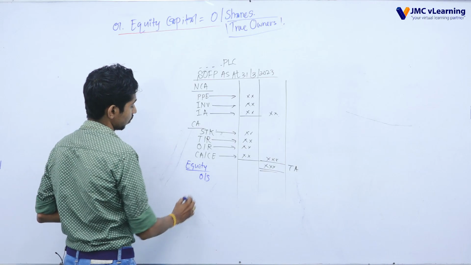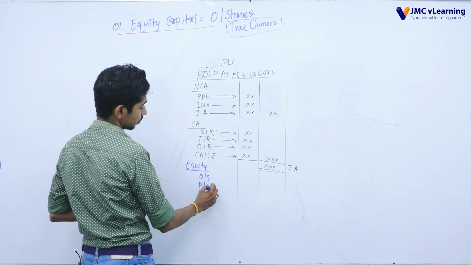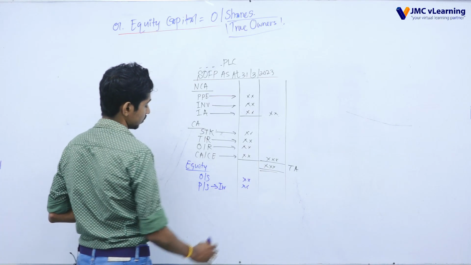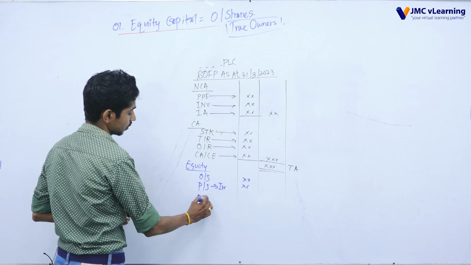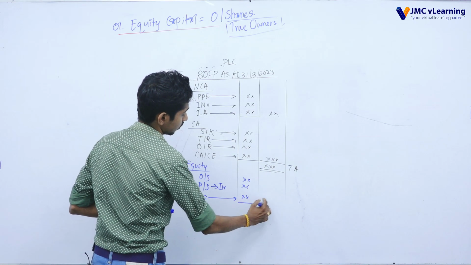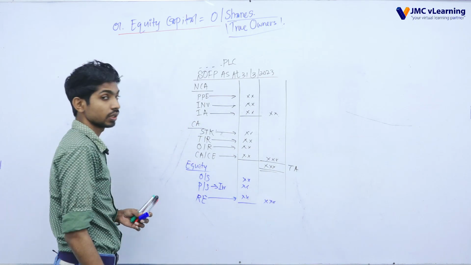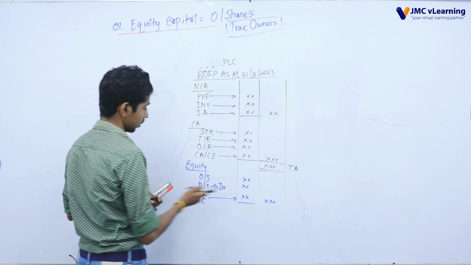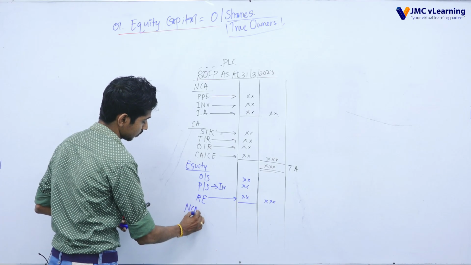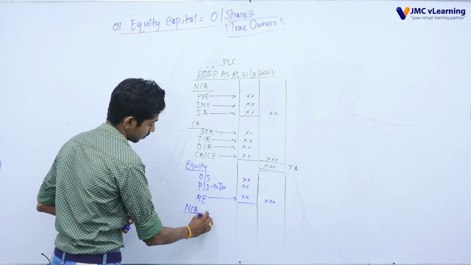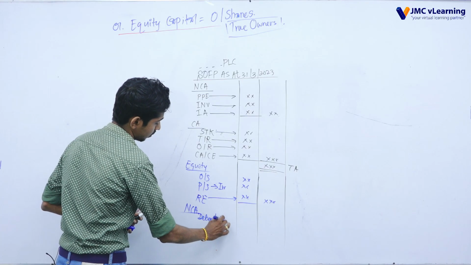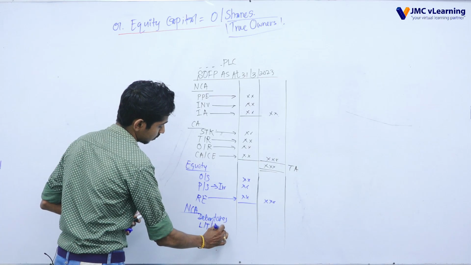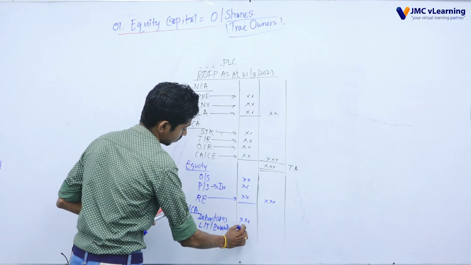Thereafter equity: ordinary shares, preference shares, irredeemable. Then retained earning, or sometimes there will be general reserves, revaluation reserves, likewise, don't bother about that one. Then non-current liabilities: debentures, long-term loans or borrowings, likewise.